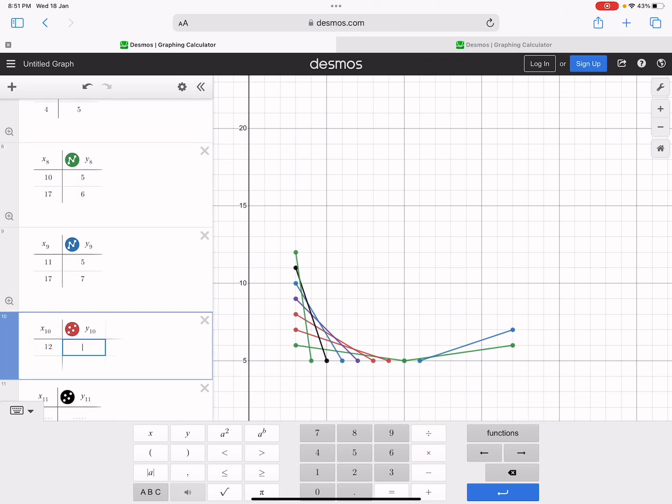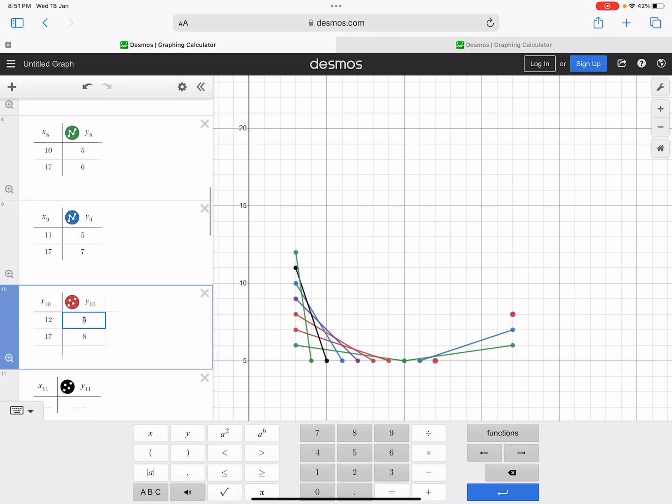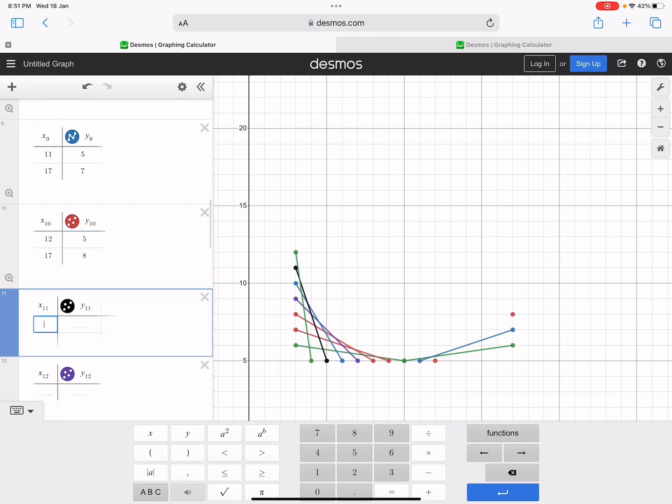So here becomes 12. 5 stays the same. 17 stays also the same, and 7 also increases. And we do the same here. 13, 5 stays the same. 17, and we increase it by 1, which becomes 9.